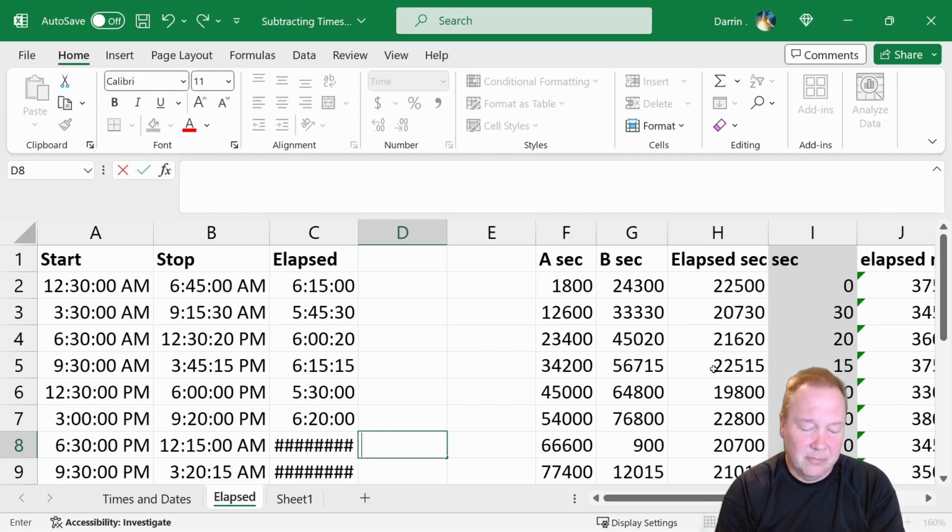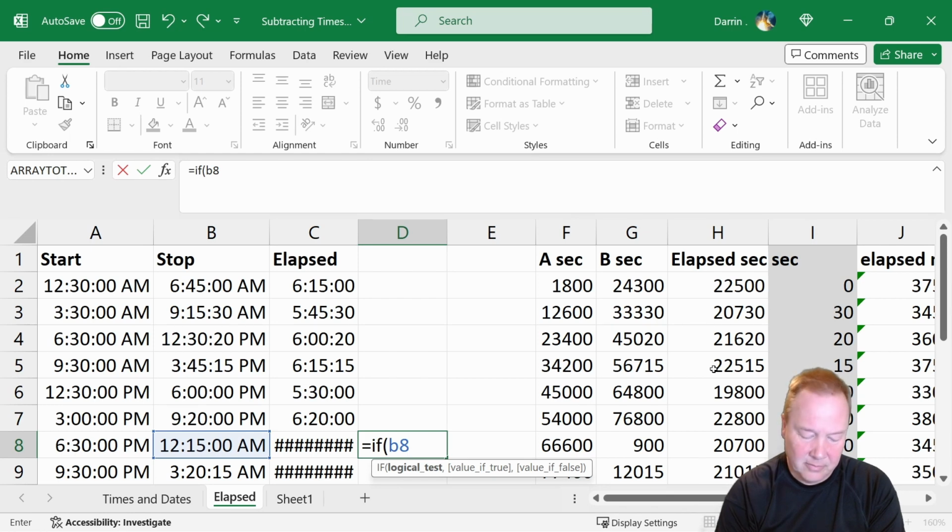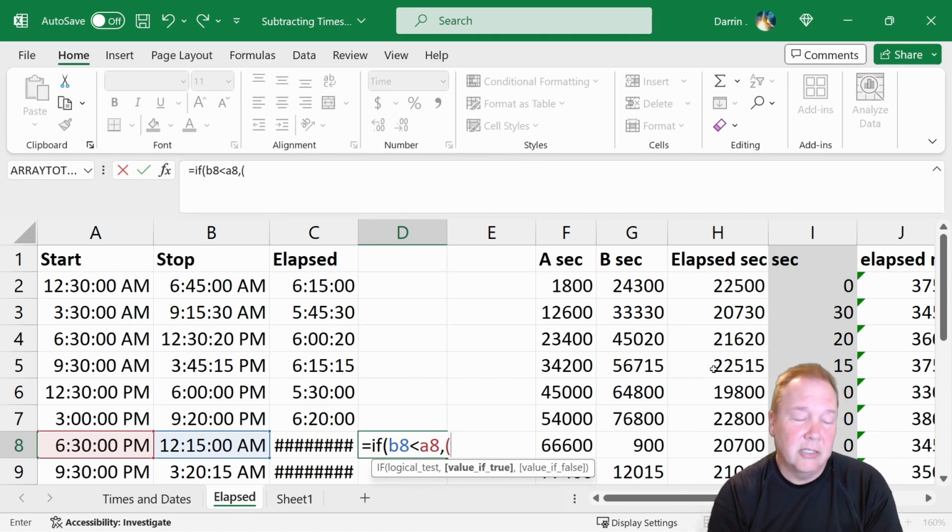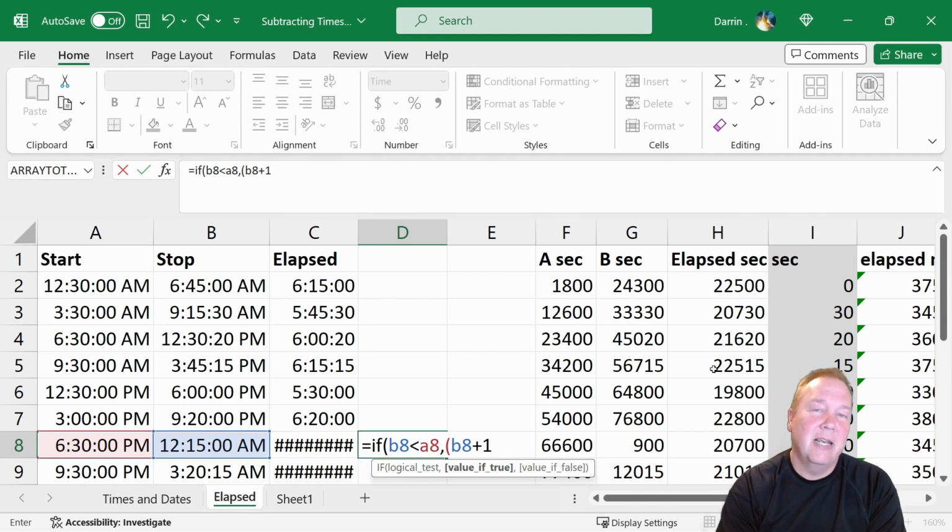Equals IF B8 is less than A8, which means that it crossed midnight, then we want to do, and they have to have the parentheses here or else you get an error, B8 plus 1. Remember at the beginning we said that's a day because these are all just numbers.